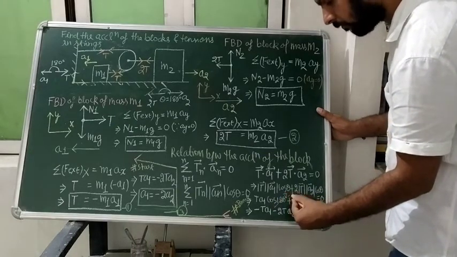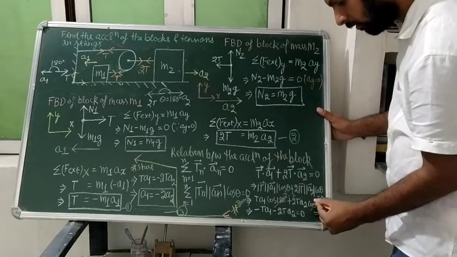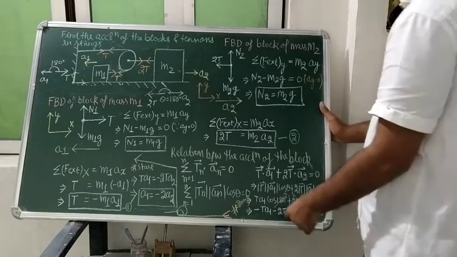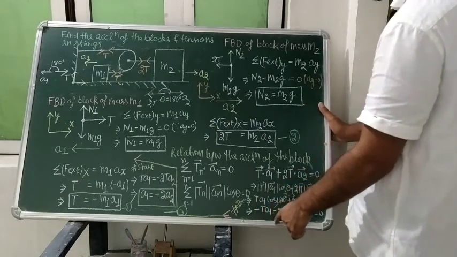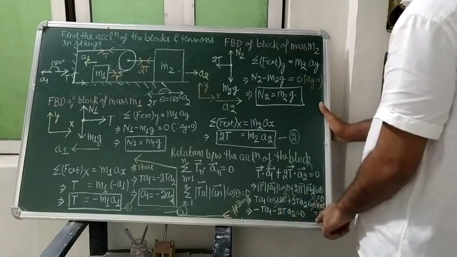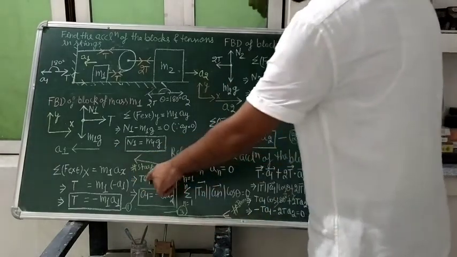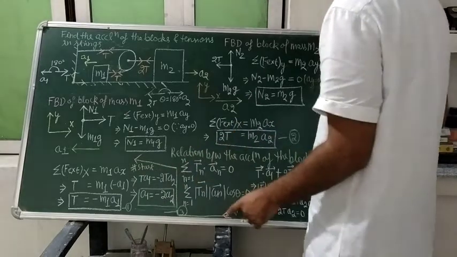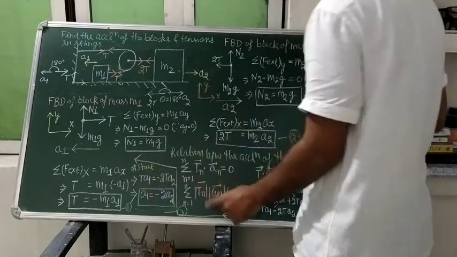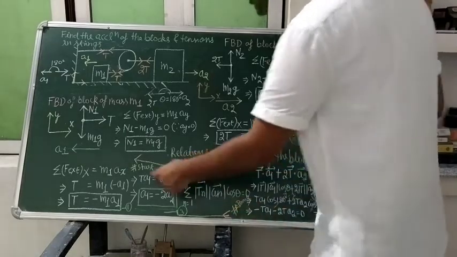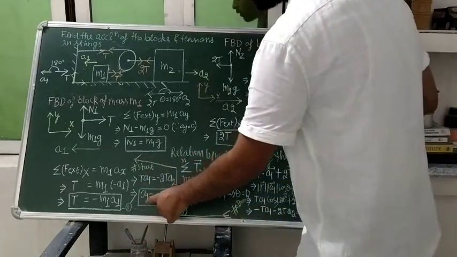Minus 1. So writing minus 1, it will become minus TA1 and minus 2TA2 equals 0. From this we get that TA1 should be equal to what? Minus 2TA2. And T will get cancelled, so A1 will be equal to minus twice A2.